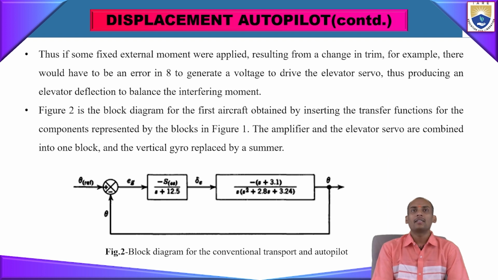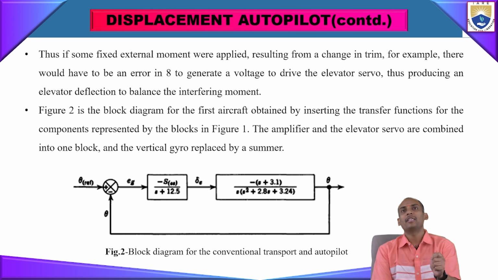If some fixed external moment is being applied, resulting in a change of trim, for example we have an error Eθ to generate a voltage to drive an elevator servo, producing an elevator deflection to balance the interfering moment.